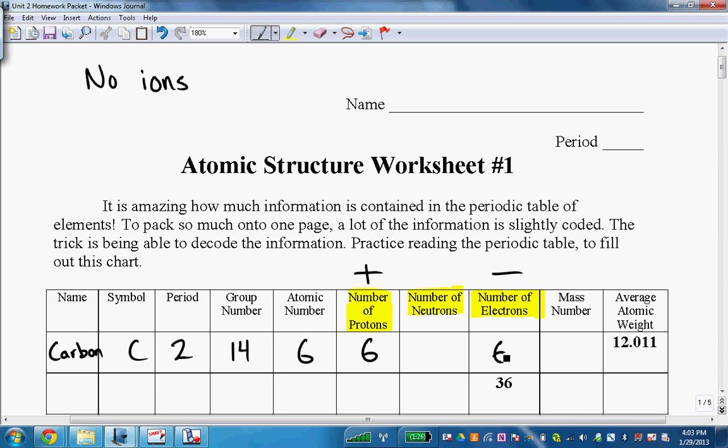So I can put a 6 here for electrons. The second assumption is that we're going to assume on this sheet that there are no isotopes. That means that my mass number better match whatever is normal for carbon. So I can round 12.011 to the nearest whole number and just say that my mass number is 12.